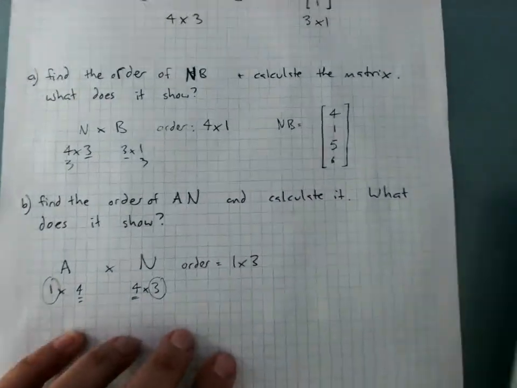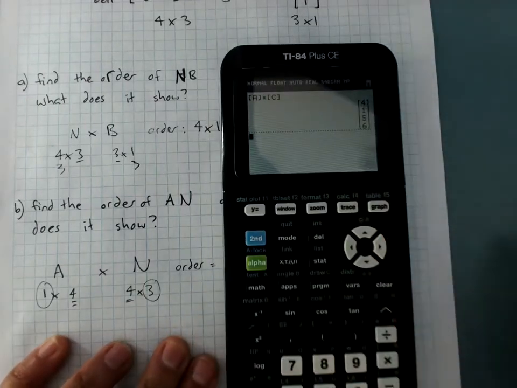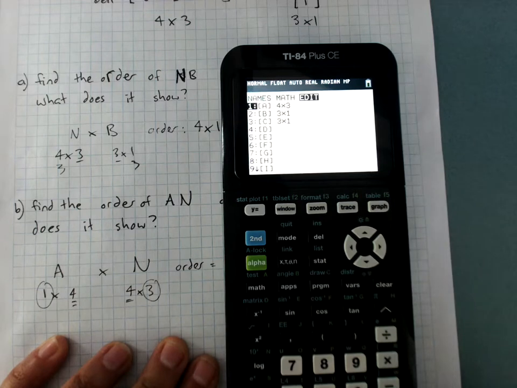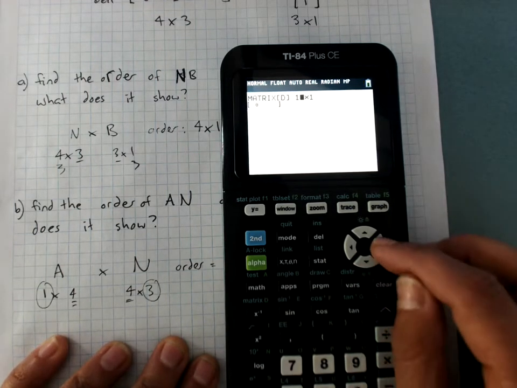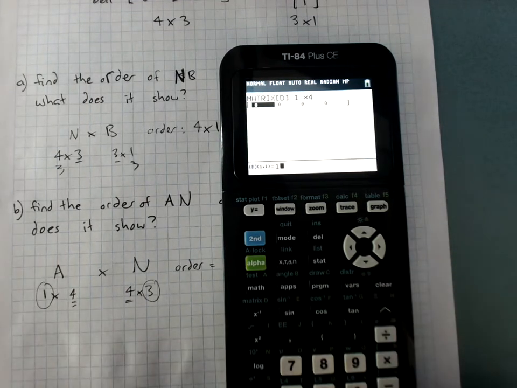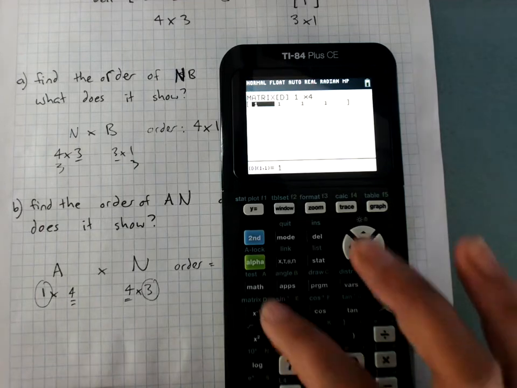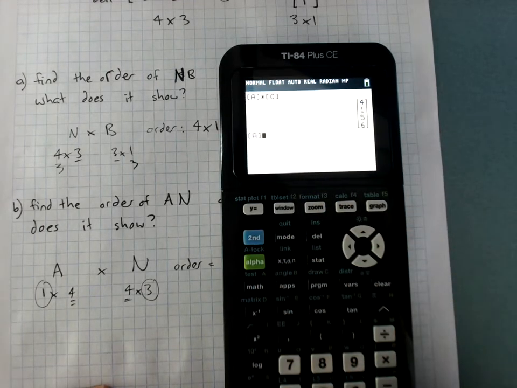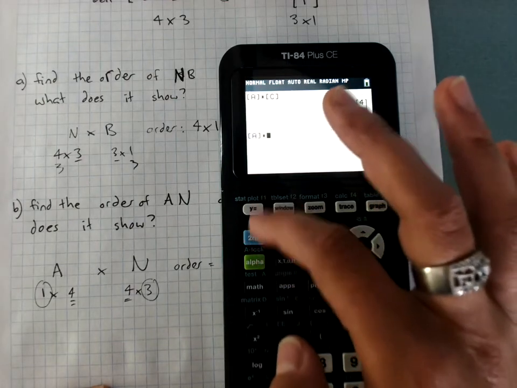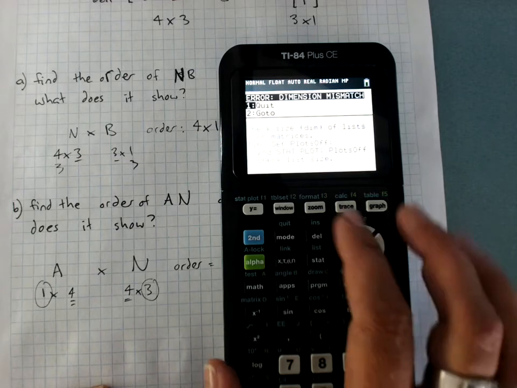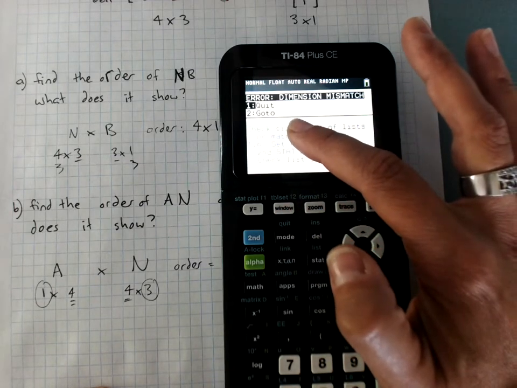So, get this matrix into your graphics calculator. This is a 1 by 4 matrix, just ones in everything, and my original matrix times that matrix I just entered. I've done something wrong.